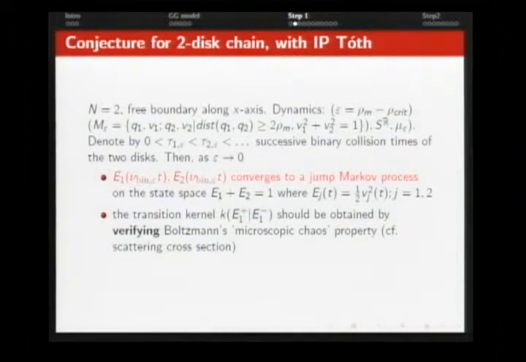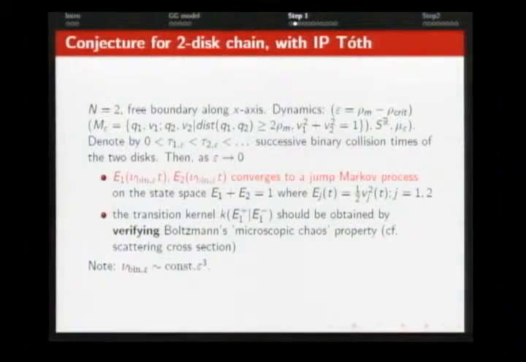But in the case of hard core, so hard disks or hard balls, you have a special calculation. The essence in this Boltzmann derivation, and practically it is the same thing in our model, is that if two disks or two balls collide, and if you know how they collide, so at which angle, with which velocities, and how they meet, then you can calculate everything.